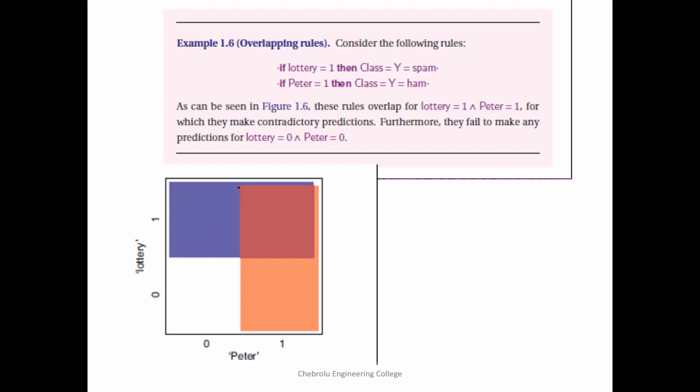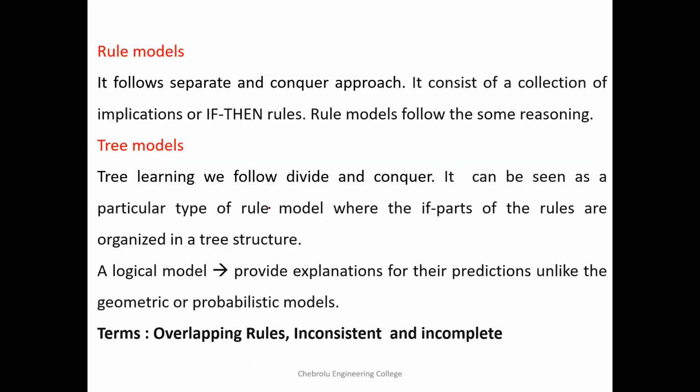You can see clearly there is some overlapping here, my dear friends. This particular thing is called overlapping. That is, you have not defined the rules in such a manner that this overlapping does not occur. Not only that, if lottery is 0 or Peter is 0, you have not defined anything here, so this is inconsistent or incomplete.